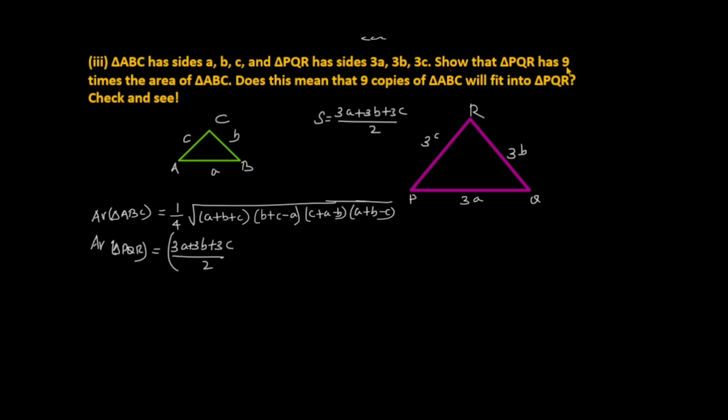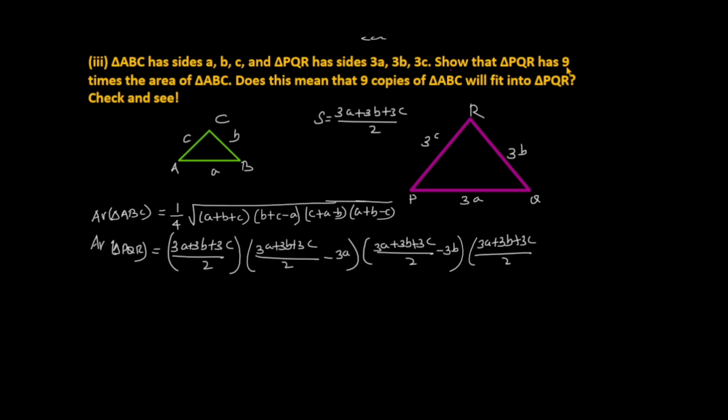Then S minus A: 3A plus 3B plus 3C by 2 minus 3A. Then 3A plus 3B plus 3C by 2 minus 3B. Then 3A plus 3B plus 3C by 2 minus 3C. Everything under the square root.